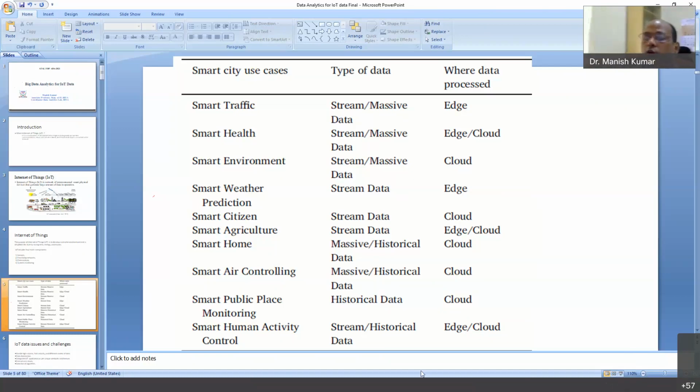So you can see that we have different types of data. In some, you are generating a massive amount of data. In some cases, you are streaming. And then, as I told you, the processing framework could be edge or cloud or fog, it could be anything. Okay, so that is what happens in the system.